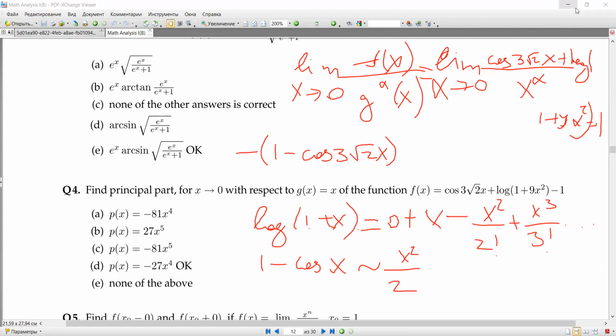Is it clear for you? Now we can continue. Here we have plus logarithm 1 plus 9x squared, and this is equivalent to x. So here we have 9x squared. And here, what do we have?